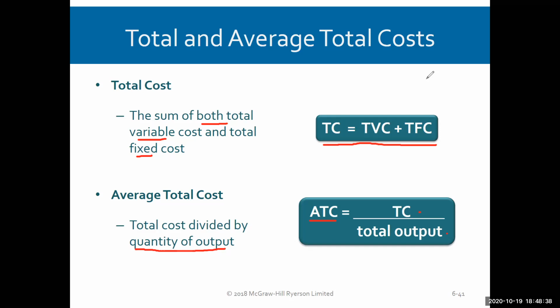That's fixed no matter if I'm working a lot or a little. I still pay the same monthly insurance fee. Or things like utilities, perhaps. If I pay a flat rate for all my gas and electric per month, I have to keep the building warm, particularly in the winter, that would be a fixed cost as well. So those are the types of costs that you would use under a fixed cost scenario.